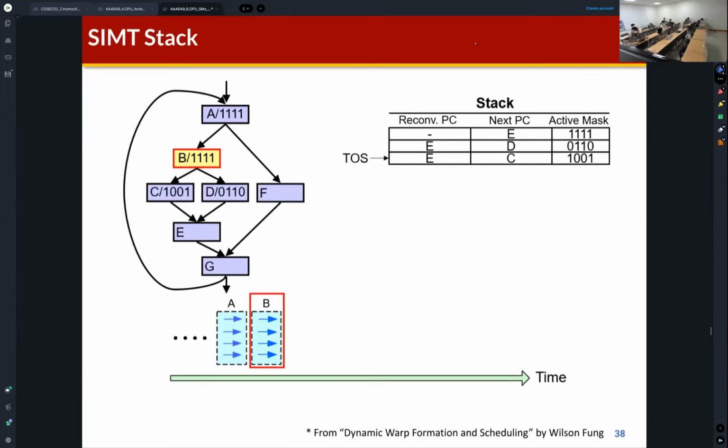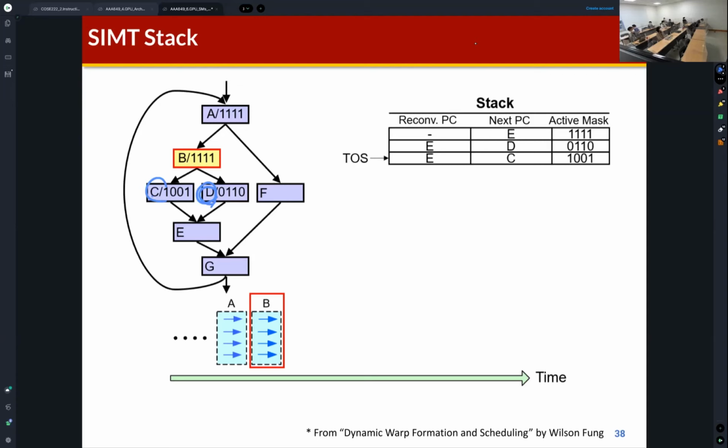But when C and D are executed, we can find that when the branch instruction is executed, some threads in this warp execute one path and other threads execute a different path. In this case the execution path is divergent, so we update the stack.